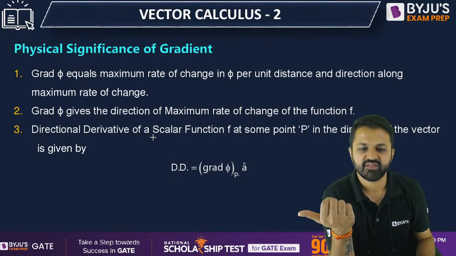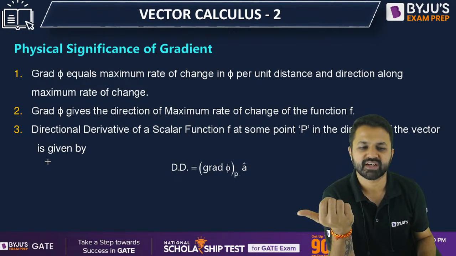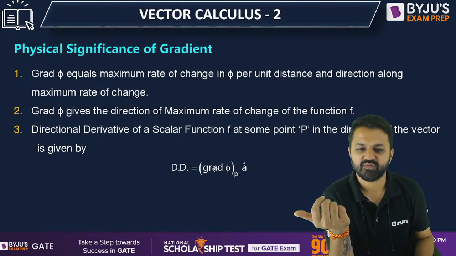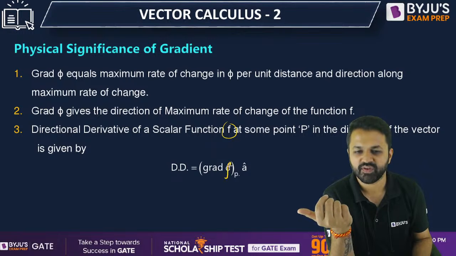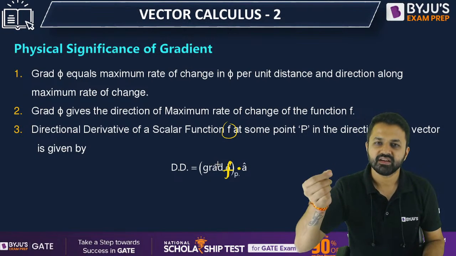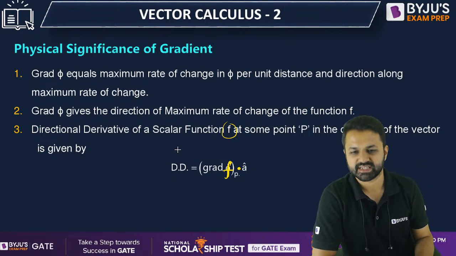The directional derivative of a scalar function f at some point p in the direction of a vector is given by the gradient of f at the point p, dot product with the unit vector of the vector in whose direction you want to calculate the directional derivative.